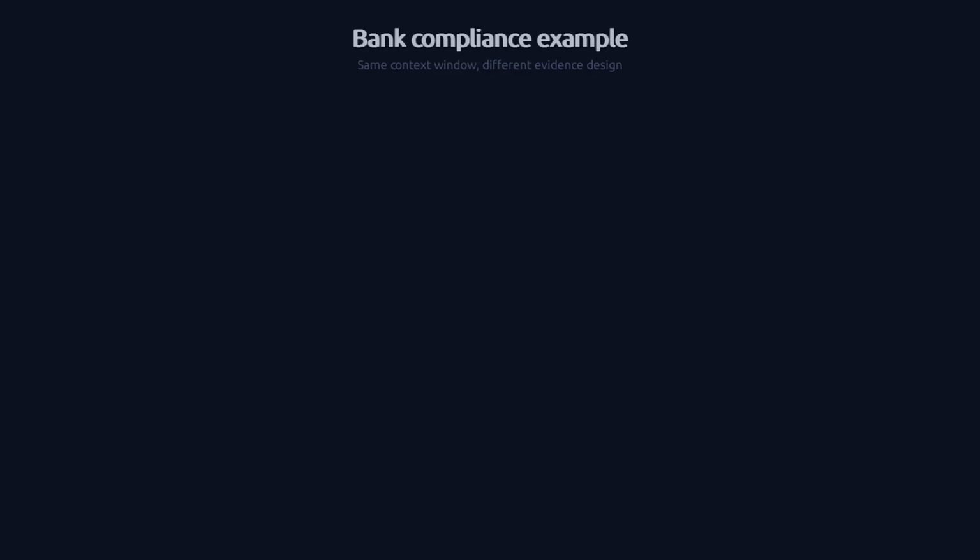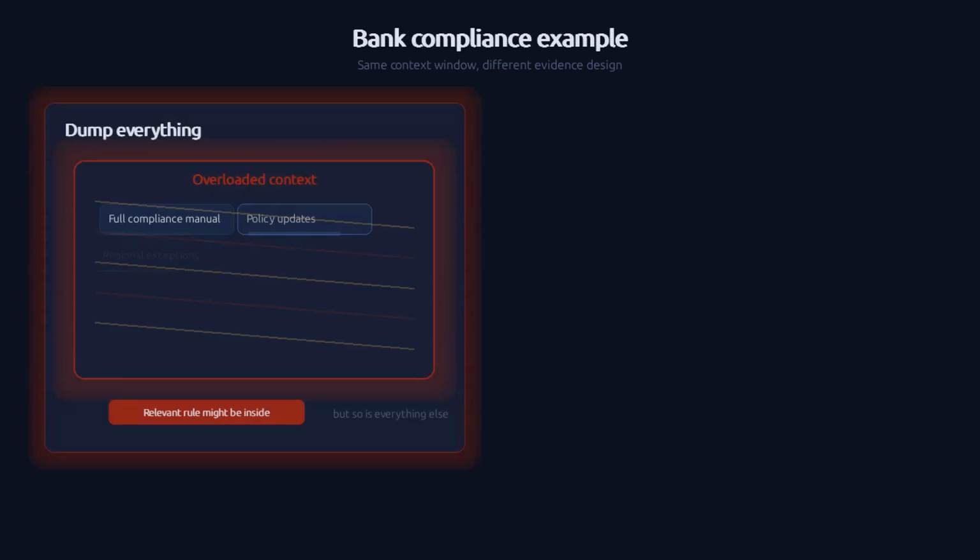Consider a bank using an LLM to answer internal compliance questions. One approach is to place the full compliance manual, all policy updates, and all regional exceptions into the context. The relevant rule might be inside, but so are old policies, edge cases, overlapping definitions, and exceptions for different products.